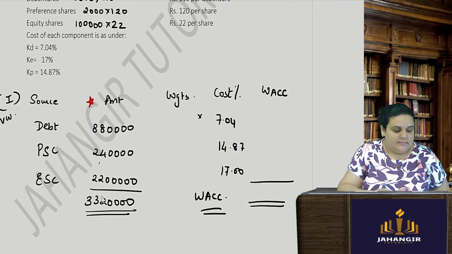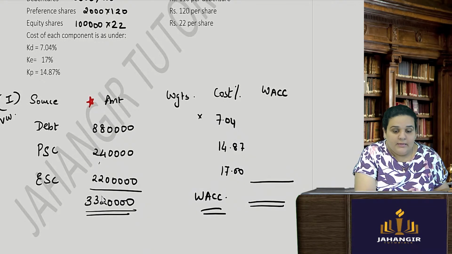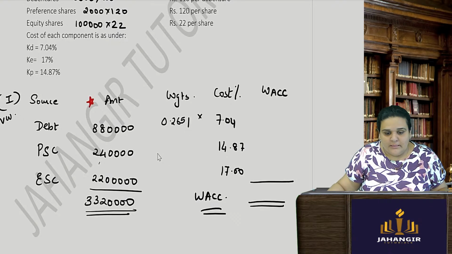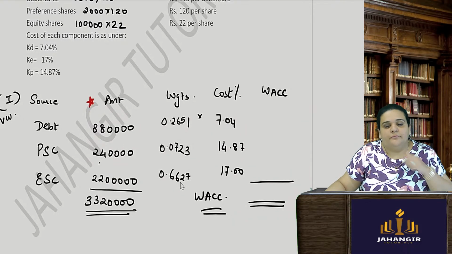Now assign the weights. Now the weight will be 8,80,000 divided by 33,20,000. Okay, it will be 0.2651. Okay. Then 2,40,000 divided by 33,20,000, 0.0723. And the last is 0.6627.